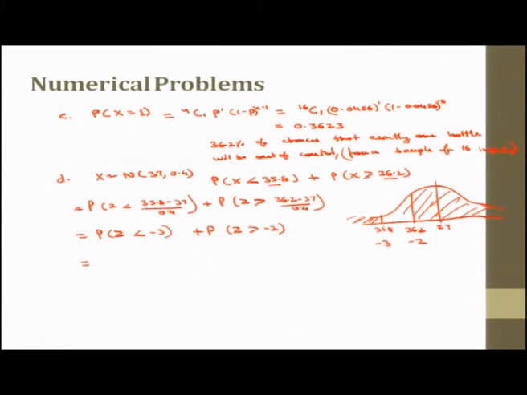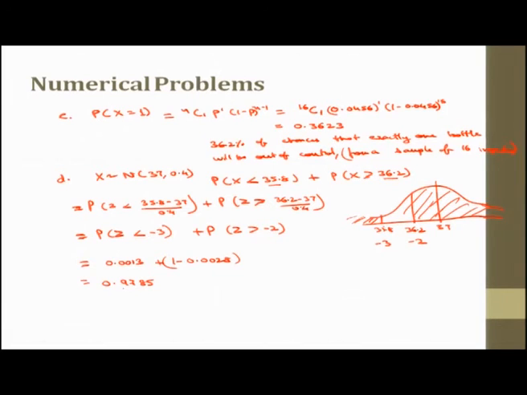So if I locate these probabilities on the probability distribution table of normal distribution, I will find that this probability is 0.0013 and this probability is 1 minus 0.0028. Okay, this total probability is 0.9785.